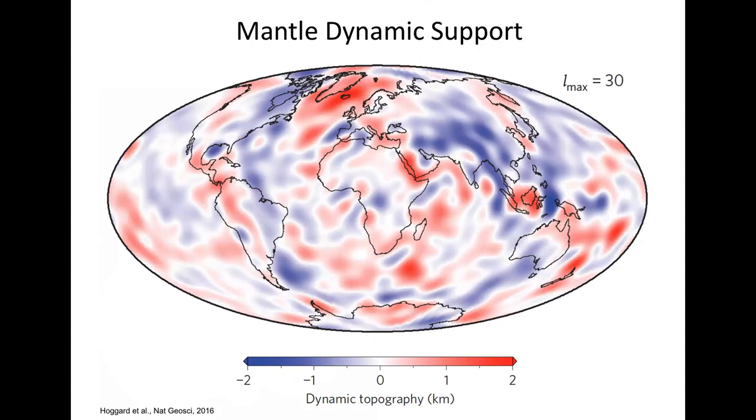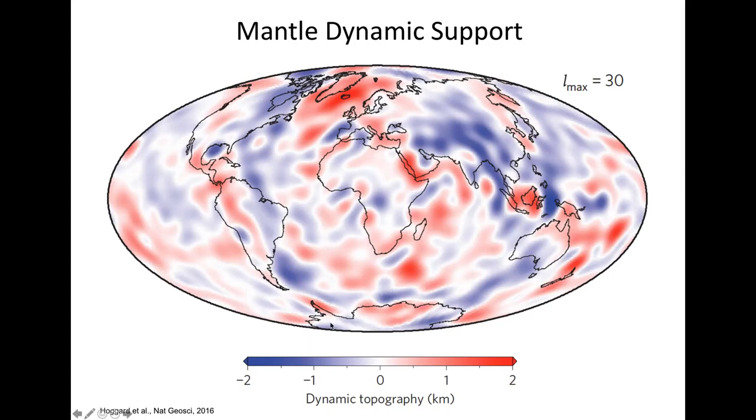Okay, so there are three things that I want to point out here. One is that every part of Earth's surface is colored on this map. It's either red or blue. So there is no part of Earth's surface which mantle processes don't affect at present. It's a pervasive effect.